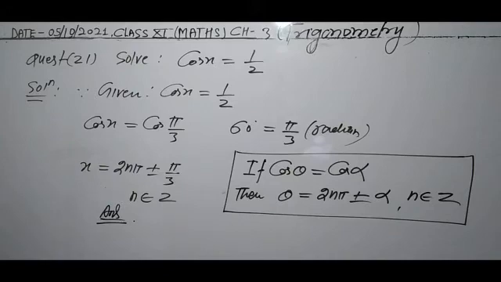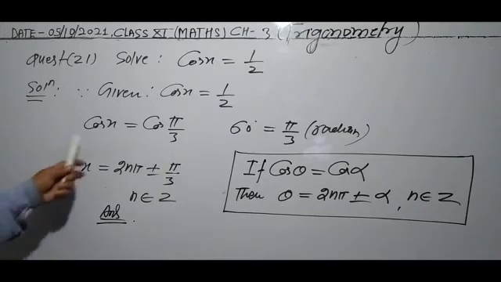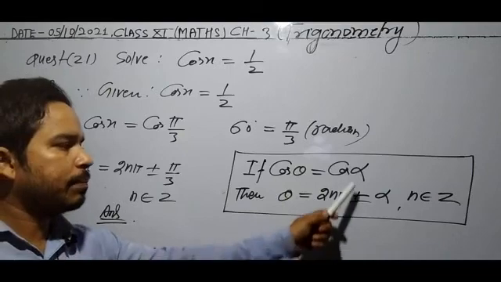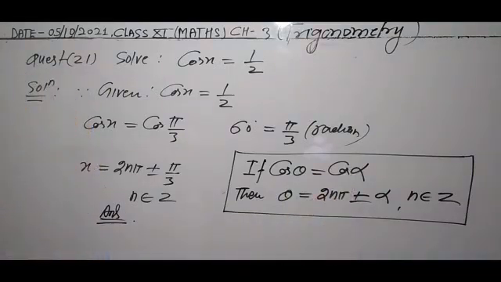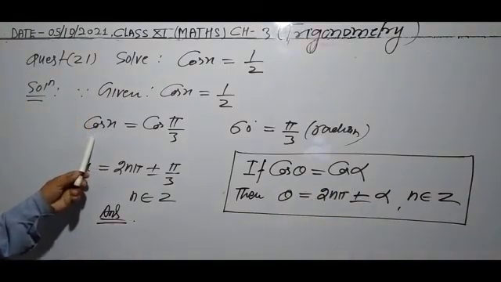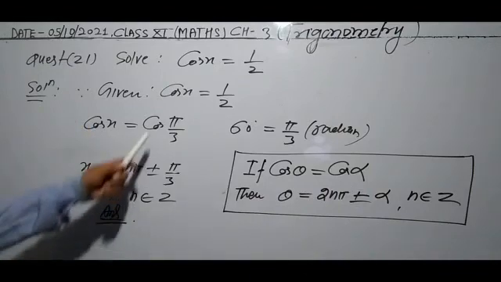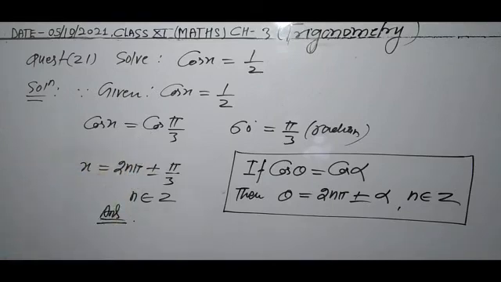Cos pi by 3 is 60 degree, and you know cos 60 value is 1 by 2. So if cos theta is equal to cos alpha, then you can write the solution: theta is equal to 2n pi plus minus alpha, such that n belongs to integer. So for cos x is equal to cos alpha, x is equal to 2n pi plus minus pi by 3, with pi by 3 in the place of alpha. Now this is the answer. See, this question is completed.